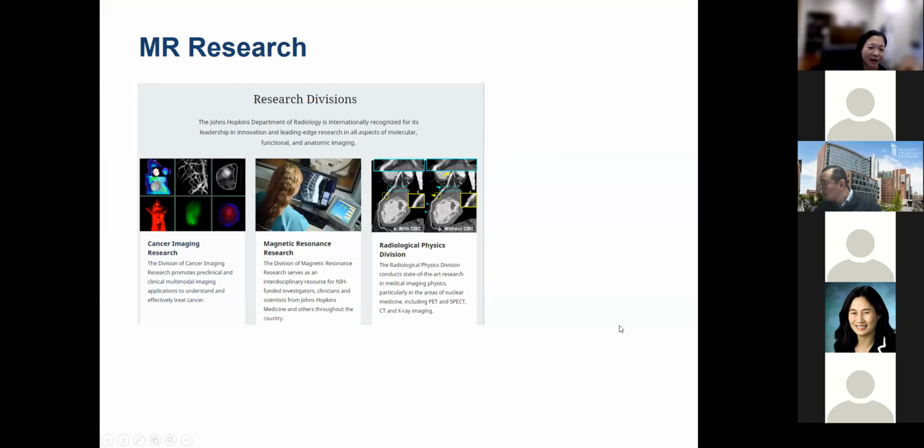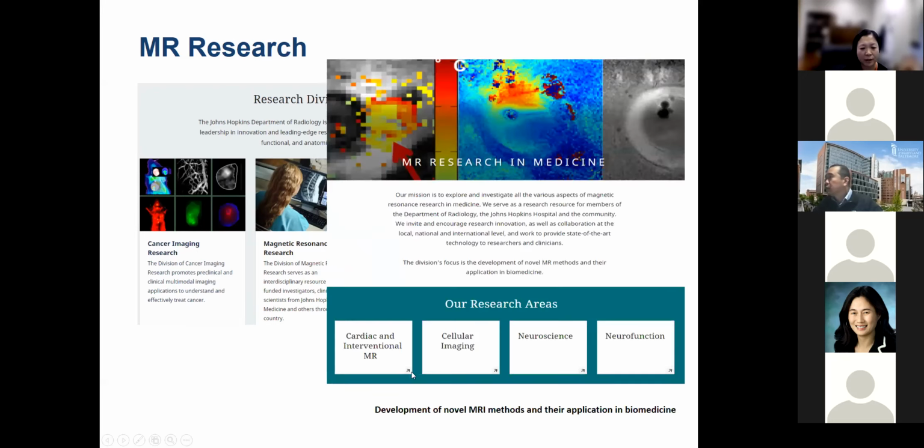Before I start, I would like to use this opportunity to activate our field, so what's the research in Hopkins. Basically, radiology research extends from molecular structure to functional MRI. For MRI research, we have different areas from cardiac to neuroscience and neural function.